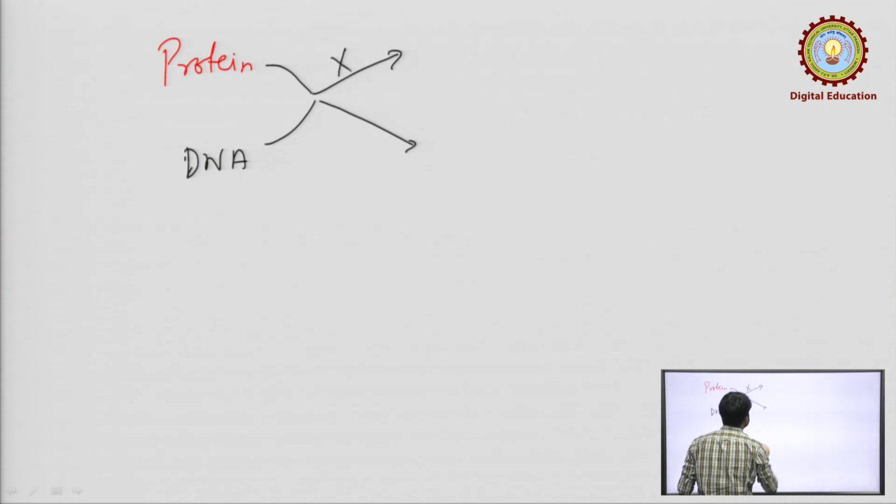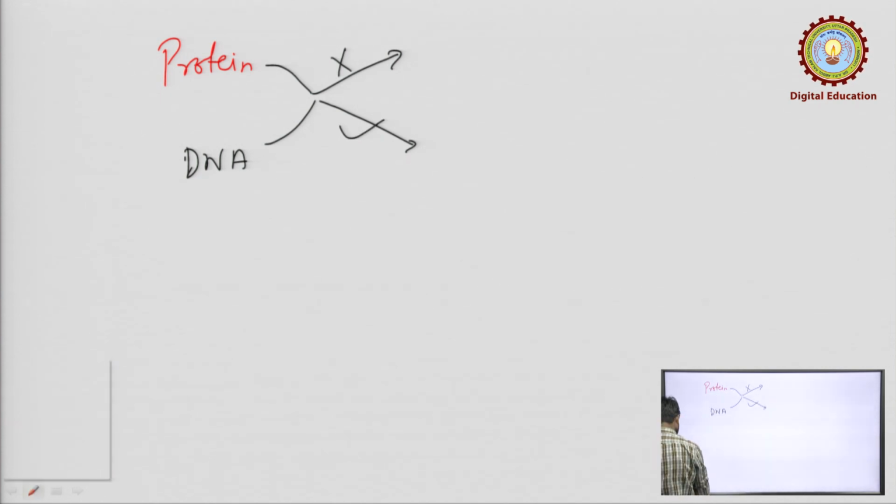In one sample the protein is not interacting with the DNA, and in the other the protein is interacting with the DNA. So, we can draw it like this.